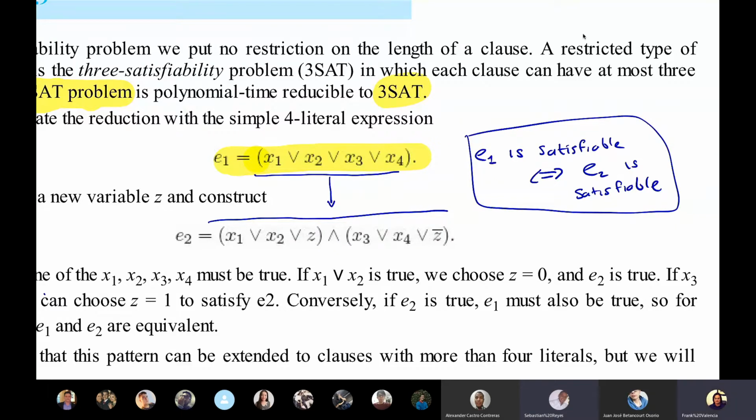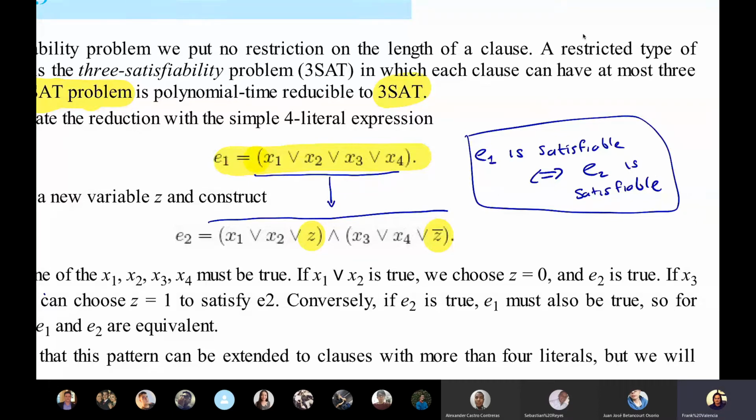Yeah, that is the problem, and this is why this part is critical. This is very important that you put z here and the negation of z there. Let's try to slow down there.